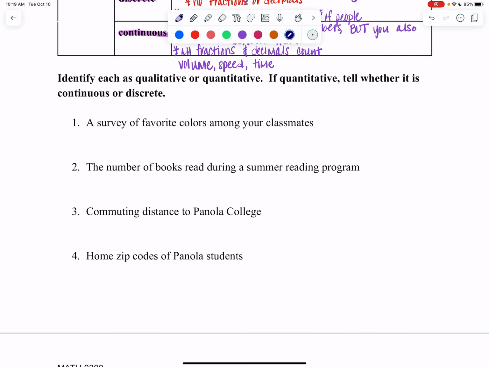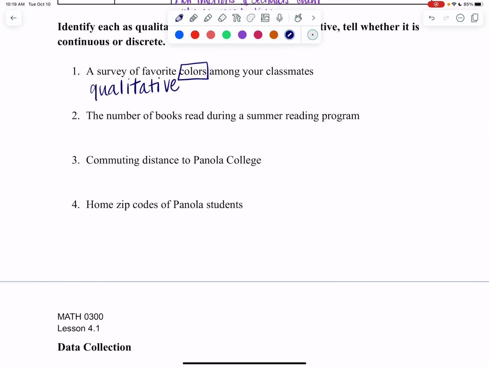Well, colors is definitely not a number. So this is going to be qualitative. The number of books read. This one, since we're talking about how many books are being read, this is quantitative.